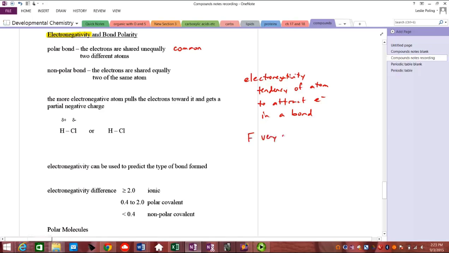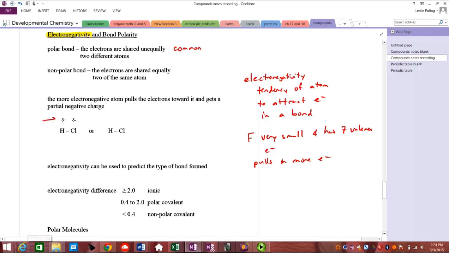Fluorine is very small and has those 7 valence electrons. So it pulls in more electrons. It's the most electronegative. Now, in this pair here, hydrogen and chlorine, chlorine is the more electronegative.